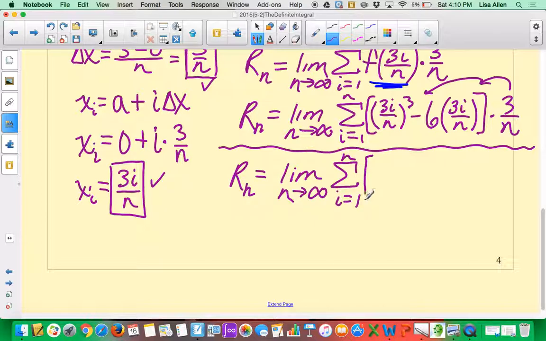Now I'm going to take this big old thing and I'm going to say, all right, this is going to be 27i cubed over n cubed, and then it's going to be times 3 over n, minus, I've got this 18i over n times 3 over n.